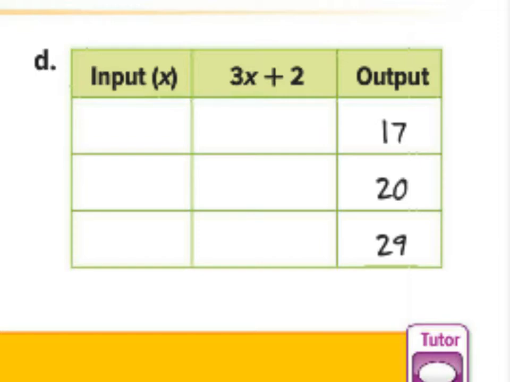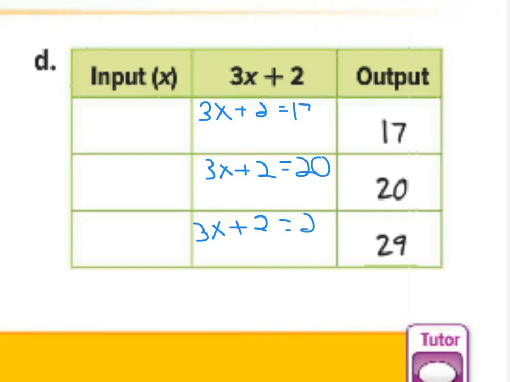I'm going to just go right ahead and write them out here. 3x plus 2 equals 17. 3x plus 2 equals 20, and 3x plus 2 equals 29.